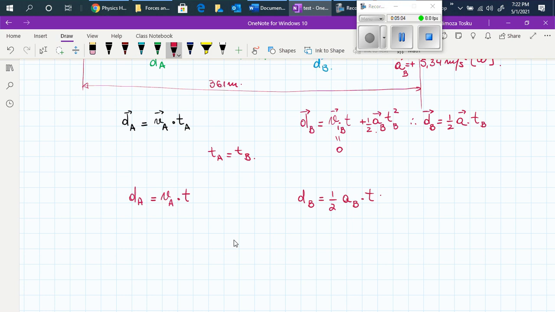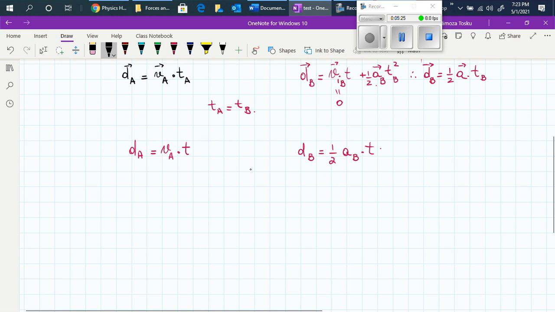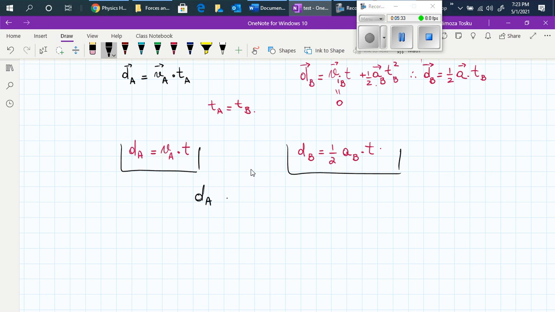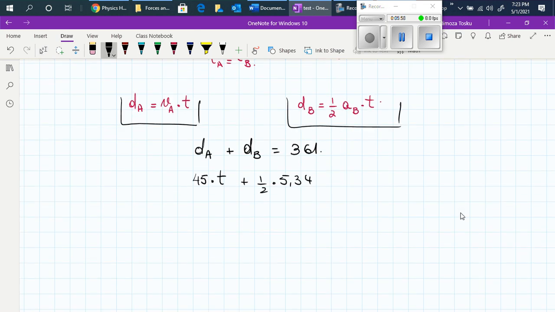Another key point in this question is that the distance car A travels added to the distance car B travels is the total initial distance between car A and car B. So dA plus dB is equal to 361, the distance between A and B. Then we have 45 meters per second times t plus 1/2 times the acceleration of car B, 5.34, times t squared, equal to 361.